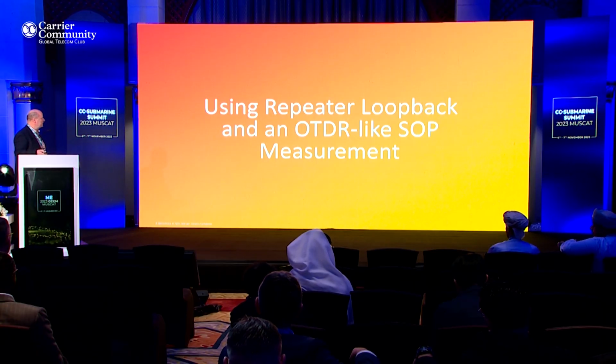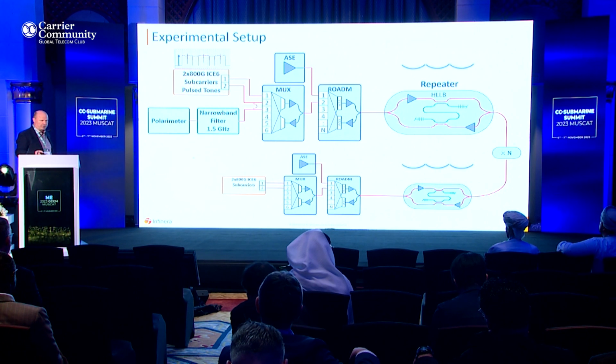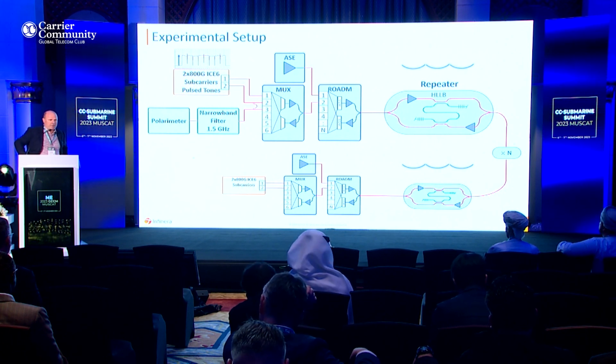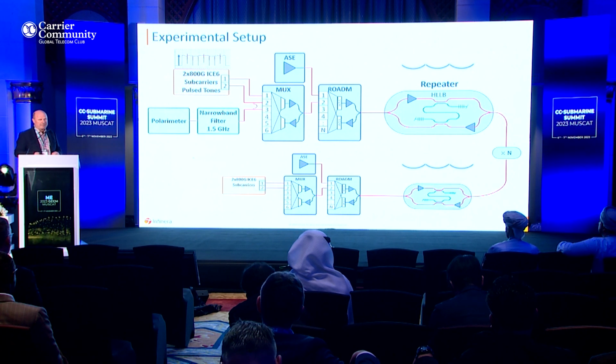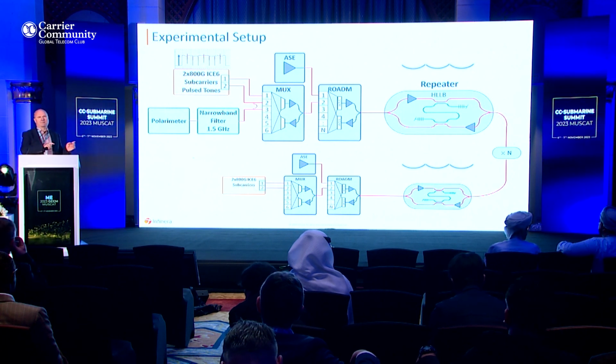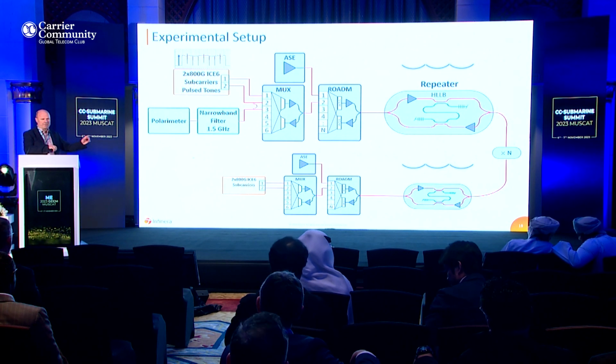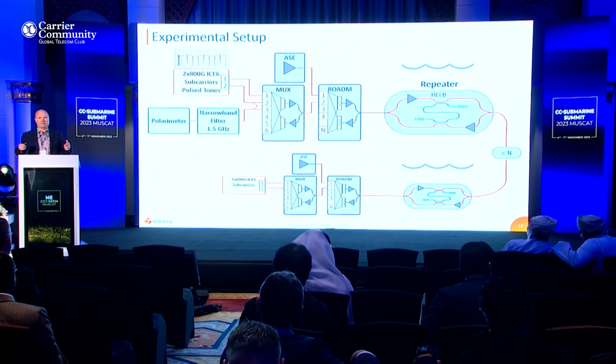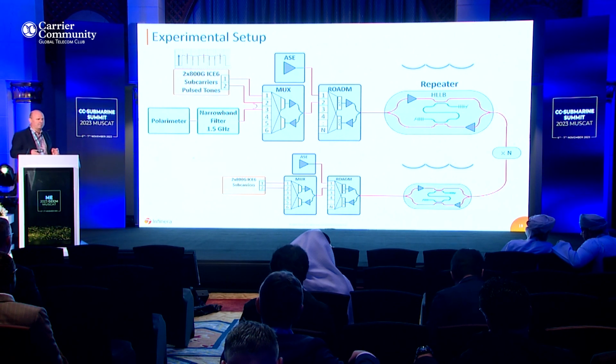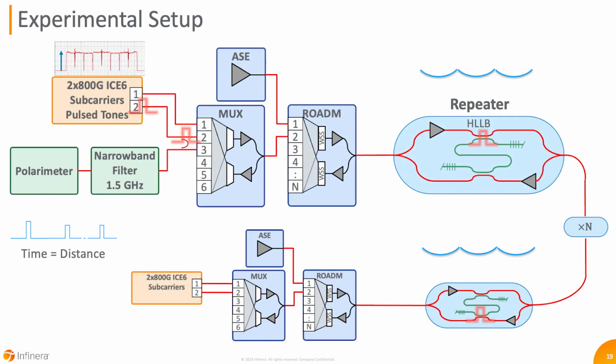So, using the repeater loopback and OTDR sub measurements, this is taking the previous trial and setup, decosting it and simplifying it. What you end up with is a commercial transponder which operates and generates revenue for you, but at the same time provides the capability of running the diagnostics.